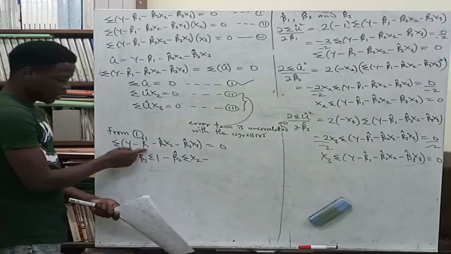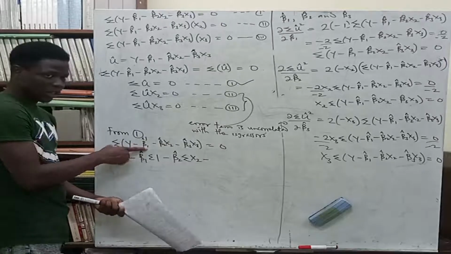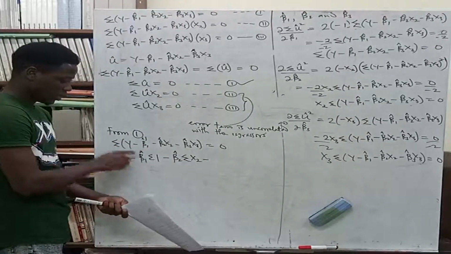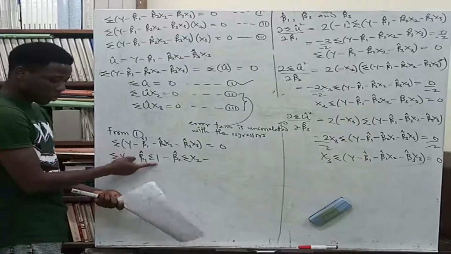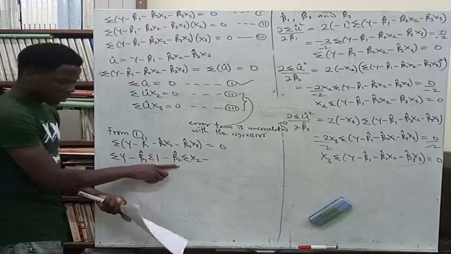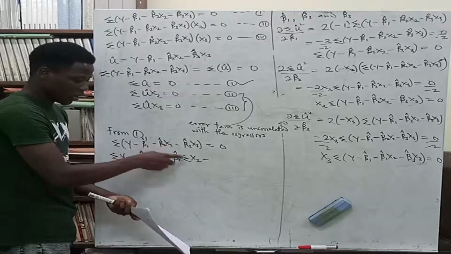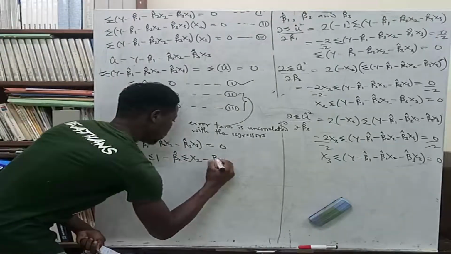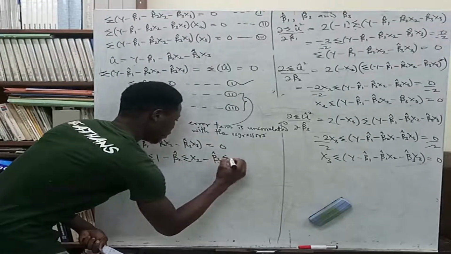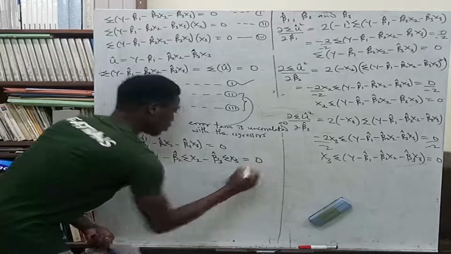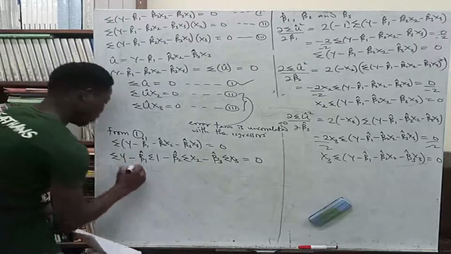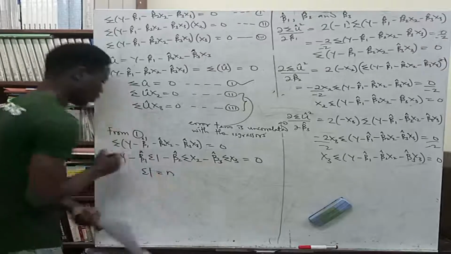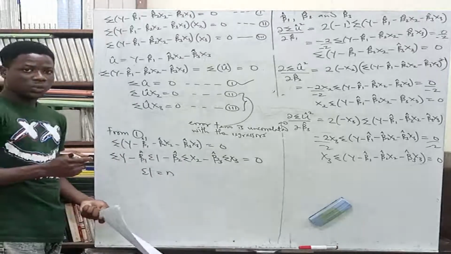So in this case, we have beta 1 as a parameter or constant coming before it. Then we have the summation sign, so it's just summation 1. Then beta 2 is coming before it, but because we have x2 here, the x2 has to come after it. So for beta 3, we do the same, equals 0. Then theoretically, you will know that your summation 1 is equal to n.